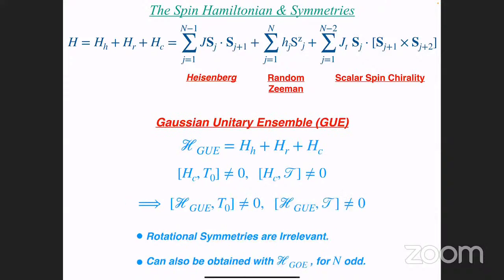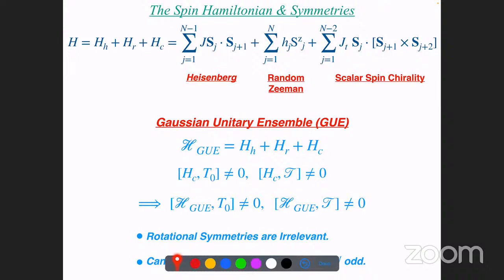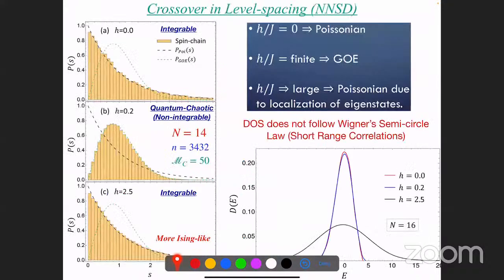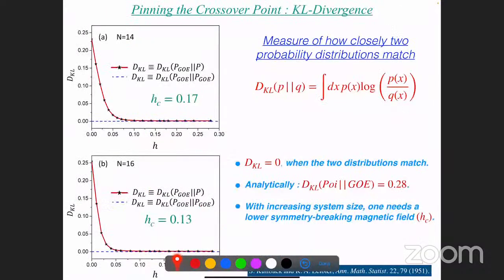Now, the third one we achieve by keeping all three terms, and this is neither invariant under the normal time reversal nor under the unconventional time reversal, and rotational symmetries are irrelevant, okay?